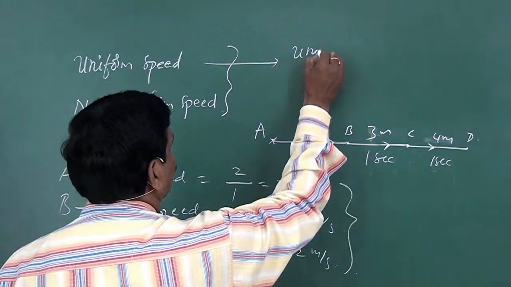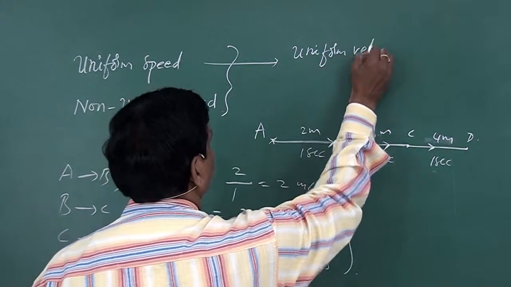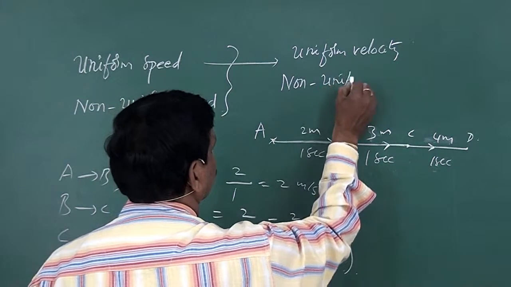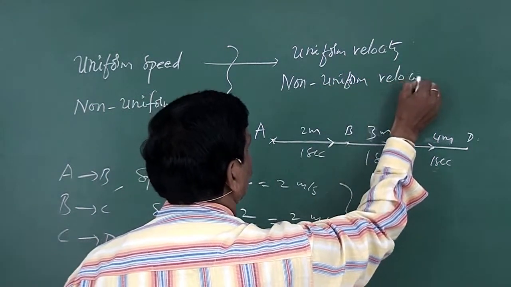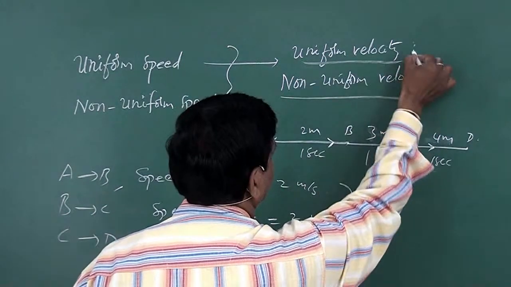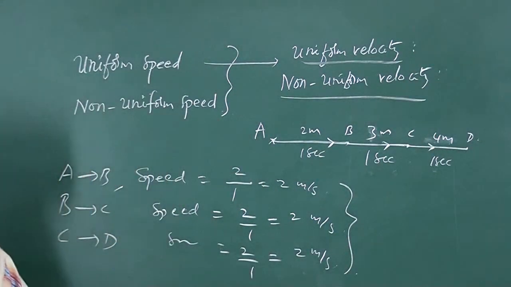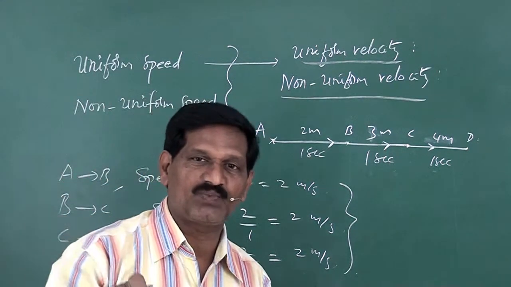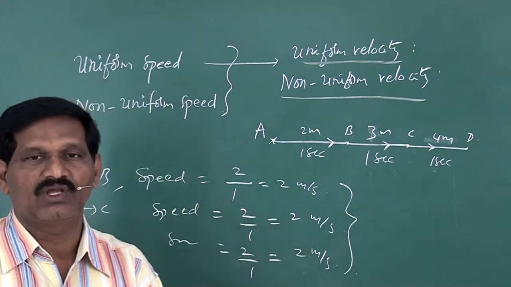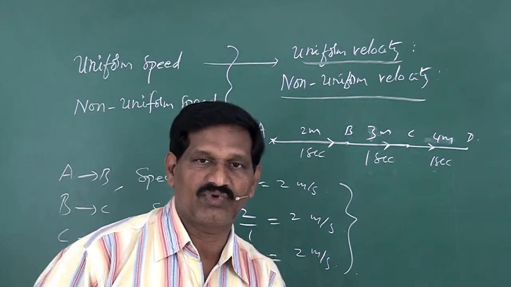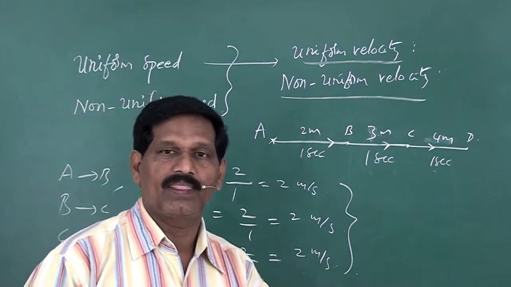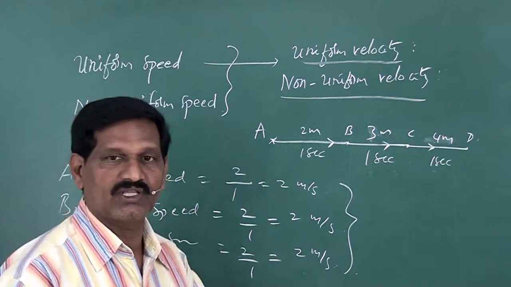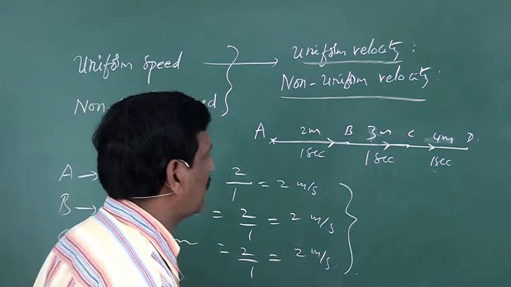Similarly, you have non-uniform velocity. If the body covers unequal displacements in equal intervals of times, then you say that body moves with non-uniform velocity.